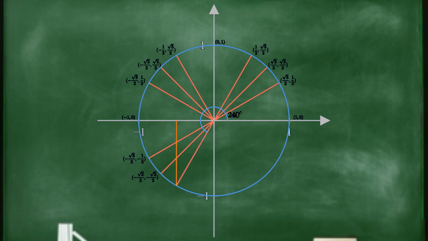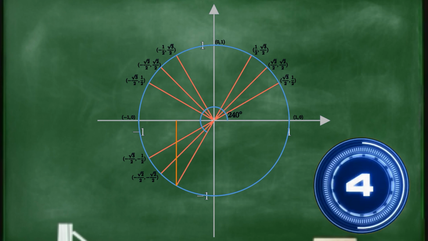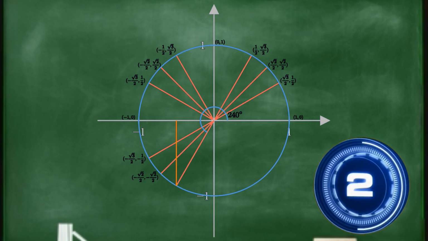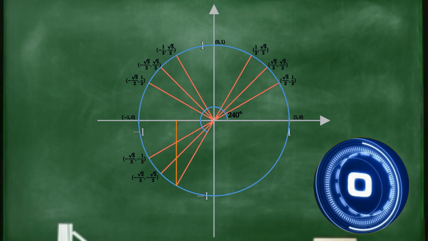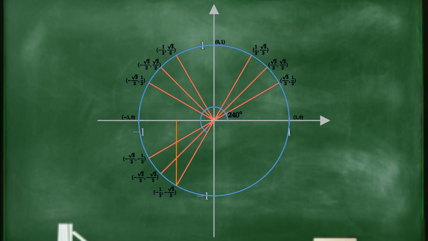Next. Splendid. Negative 1/2 and negative square root of 3 over 2. Next. This is very obvious. It's 0, negative 1.